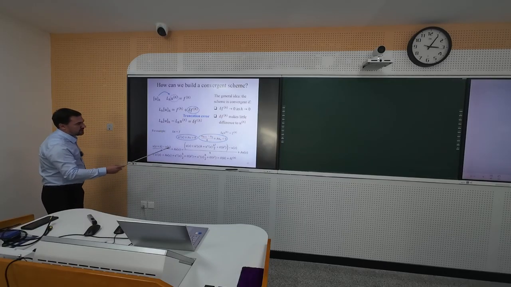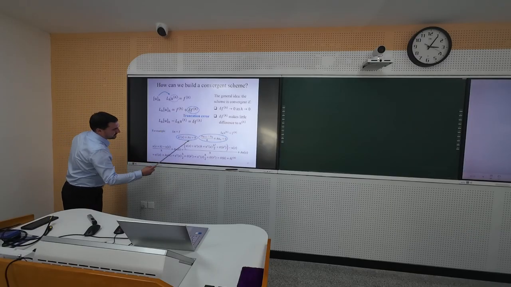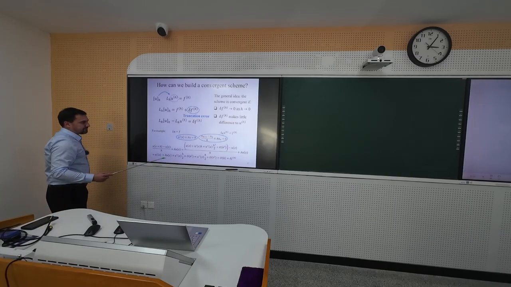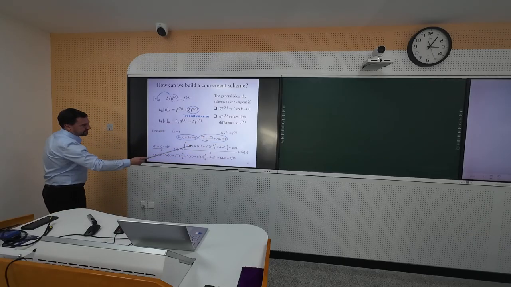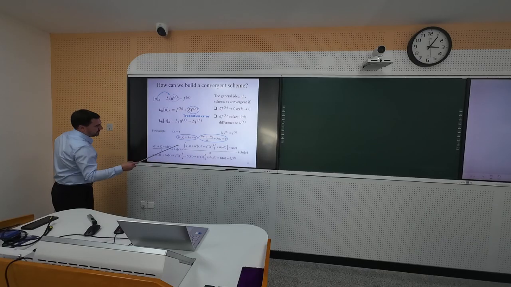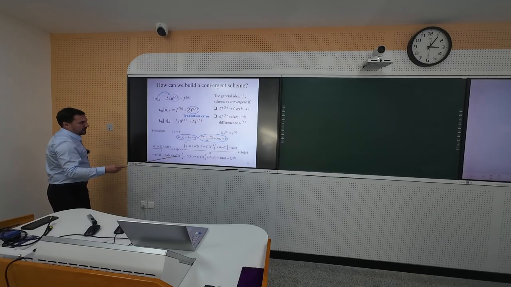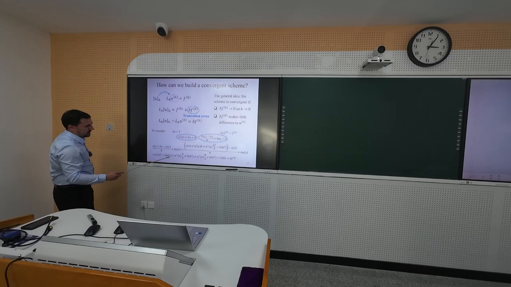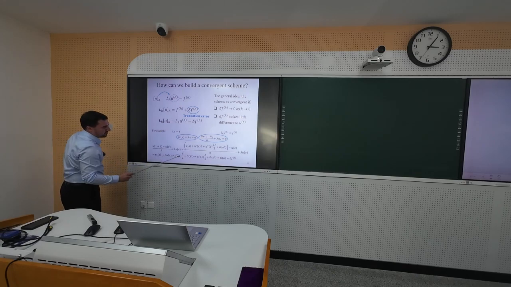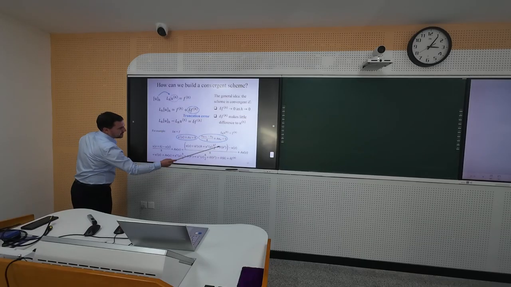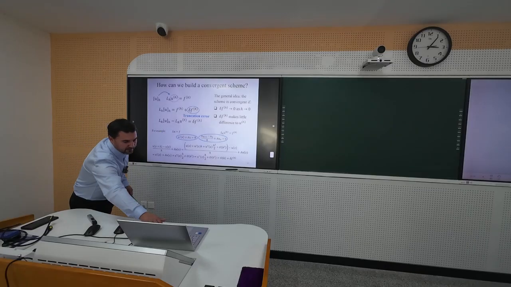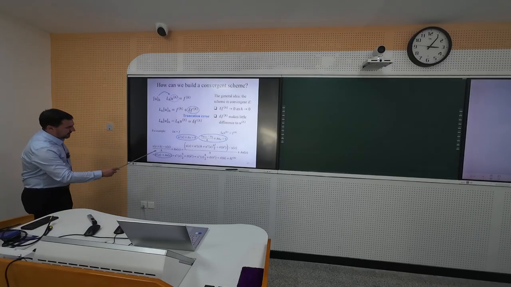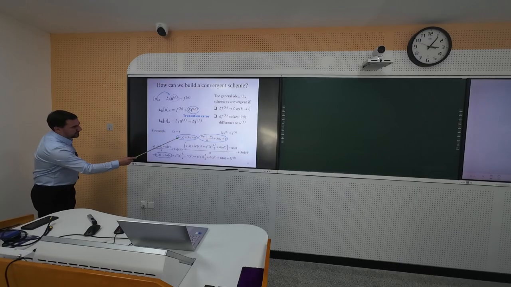Again, u at x plus h, we substitute using Taylor series expansion. The u terms cancel, we get u prime h over h, just u prime, plus au, then u double prime h squared over 2, plus big O of h squared, because we have h cubed, and so on. And again, a typical trick: it equals 0 because we solve our problem.